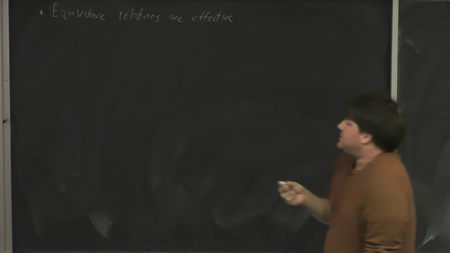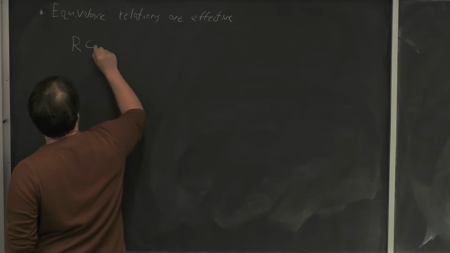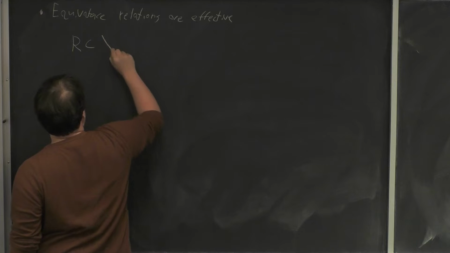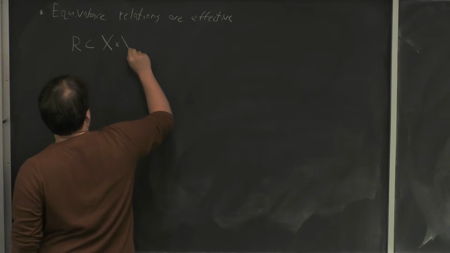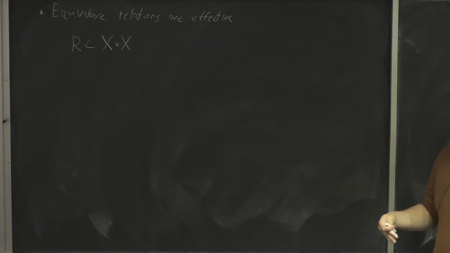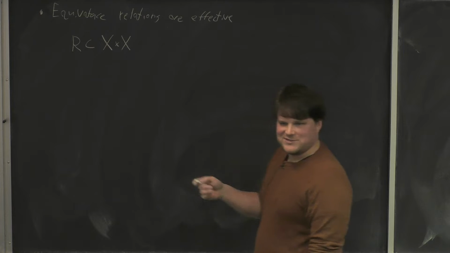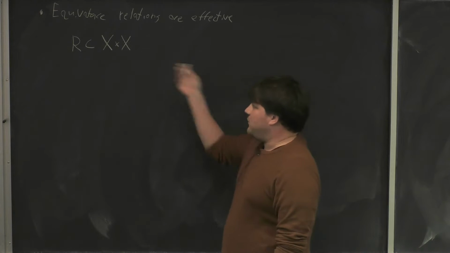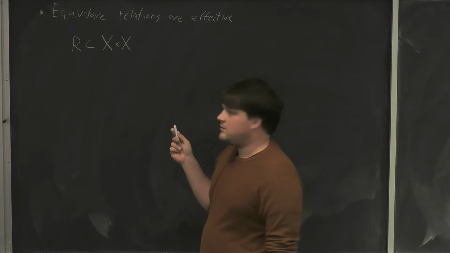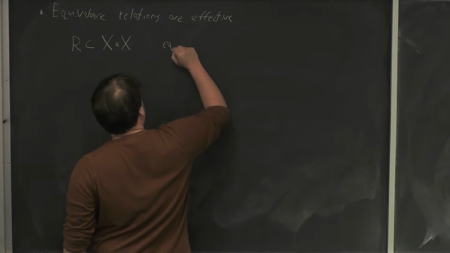But what you can imagine is if you have a subset of X times X, and it's an equivalence relation, satisfies the usual transitivity, reflexivity things, then you can form the quotient, right? So then, equivalence relation.